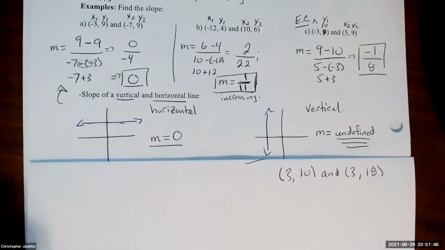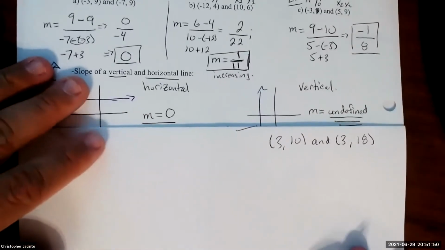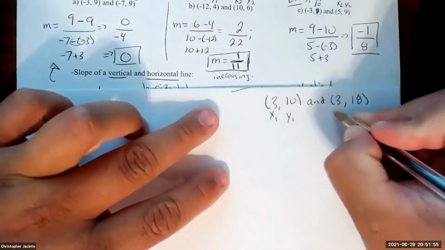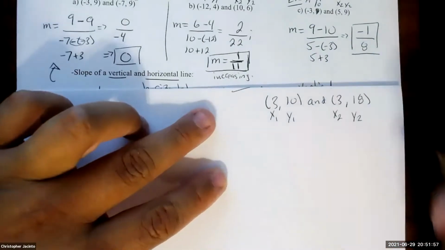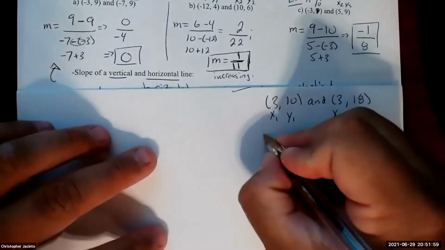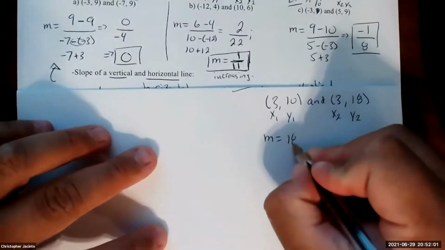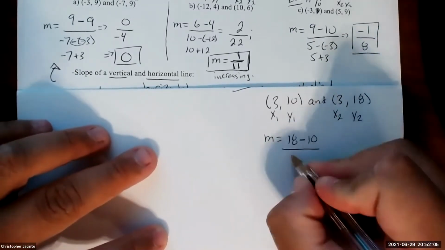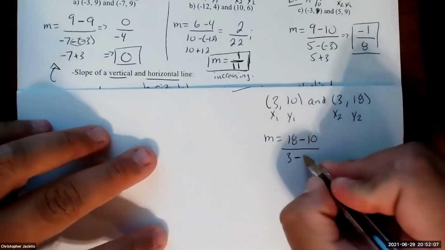And again, we just want to find the slope of these 2 points. So let's do that, right? So this is going to be x1, y1, x2, y2. So this slope is 18 minus 10 over 3 minus 3.